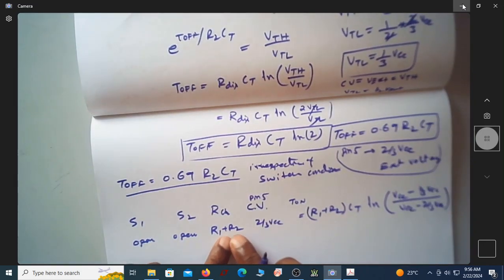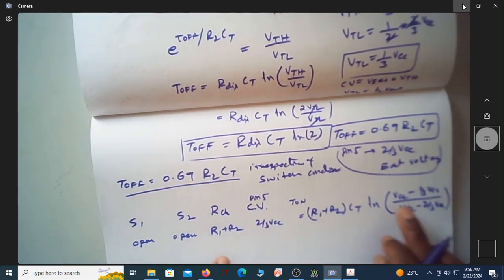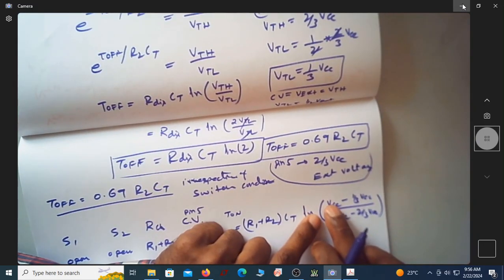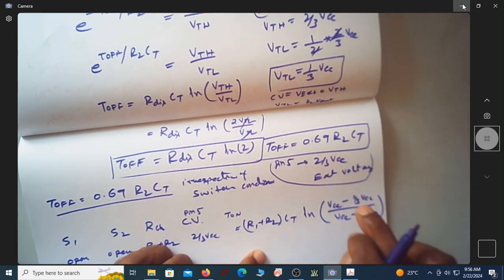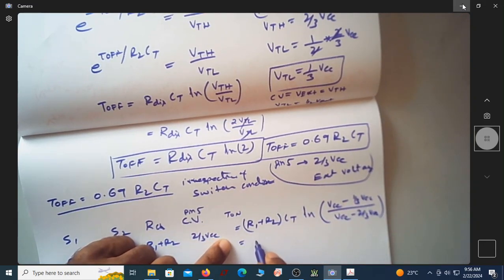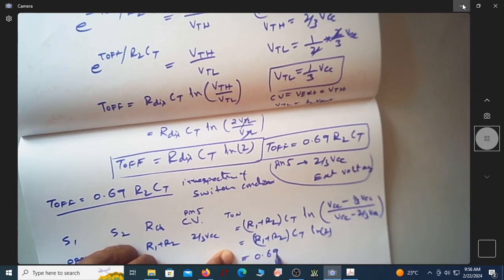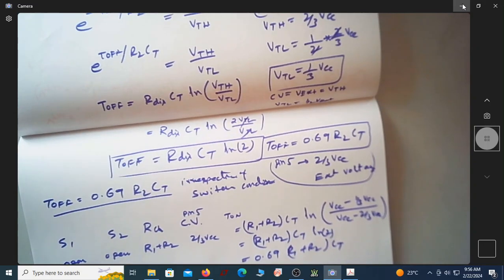What is this value now? It becomes 2/3 VCC by 1/3 VCC. The 3 will go, and you end up with ln of 2. So this is R1 plus R2 CT ln of 2, which is 0.69 R1 plus R2 into CT.